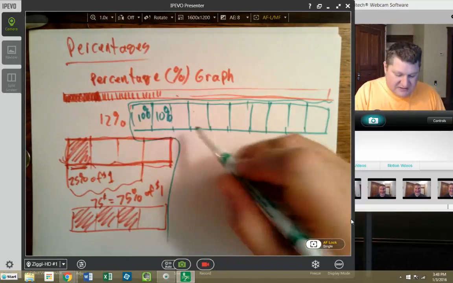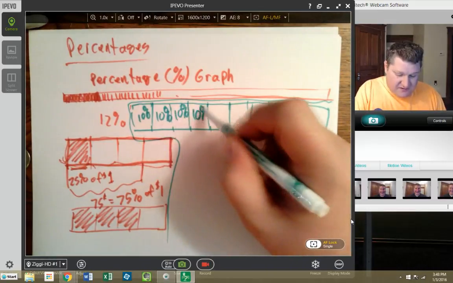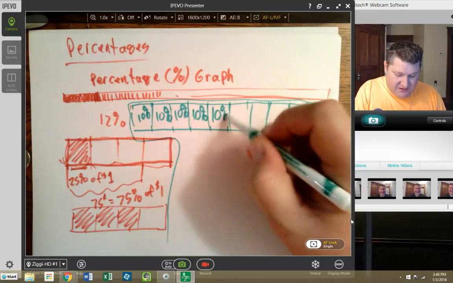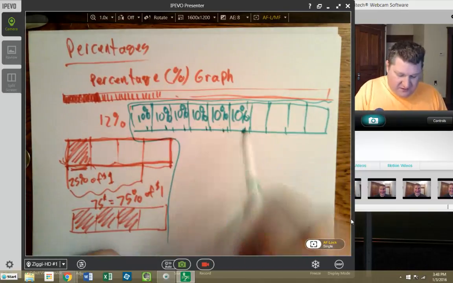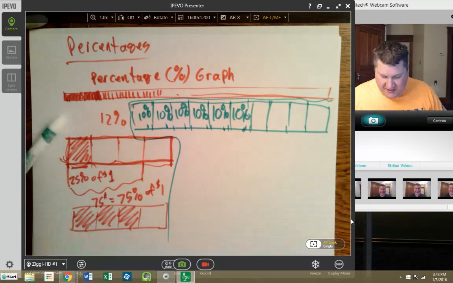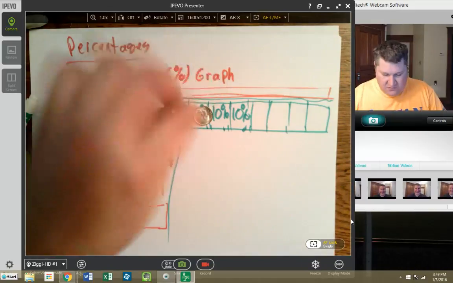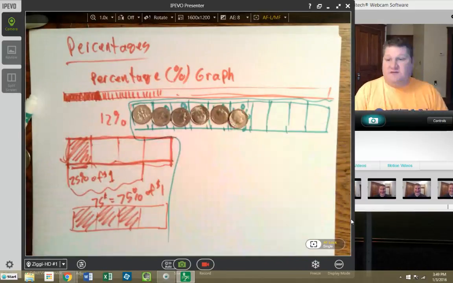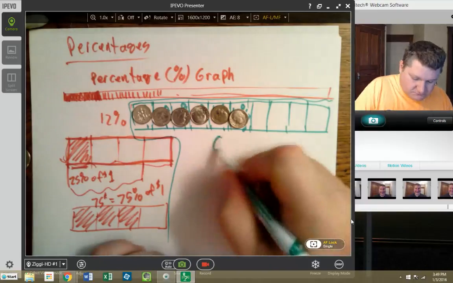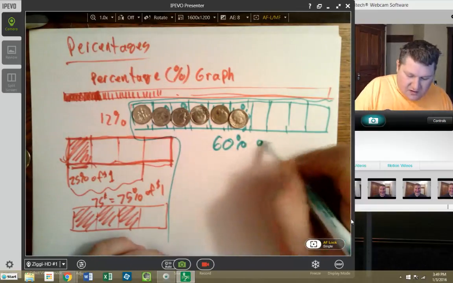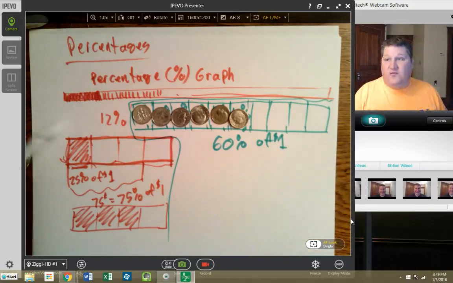If I wanted 60%, 10%, 10%, 10%, 10%, 10%, and 10%. There you go. So 1, 2, 3, 4, 5, 6. Just like if I had 6 dimes, I would have 60% of $1. Okay, 60% of $1.